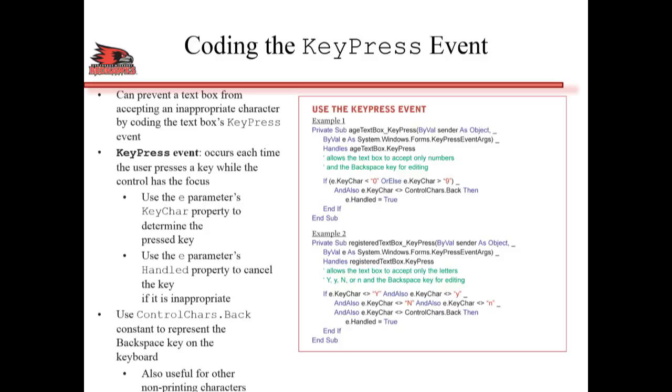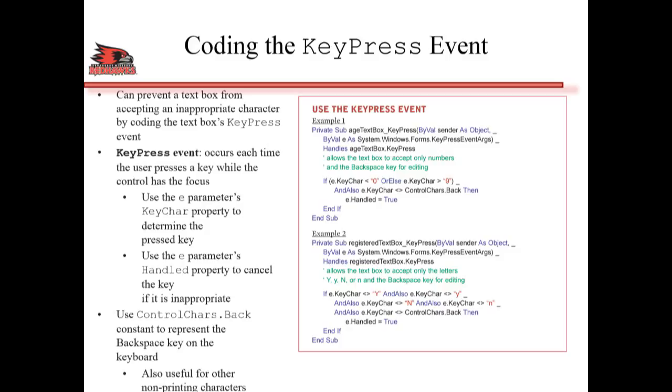Then we have those parentheses with some arguments, ByVal sender as object, ByVal e as something. Now this is extremely similar to the button click events. The only difference here is that in those we didn't care much about the e after the ByVal, but here it's very important, what's inside that e.